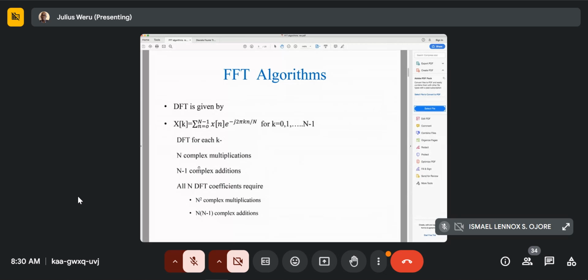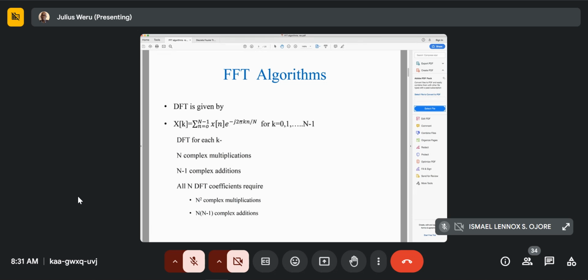So for each k, you have N complex multiplications, because you are multiplying by this e to the minus 2 pi kn, and even the signal itself will be complex.